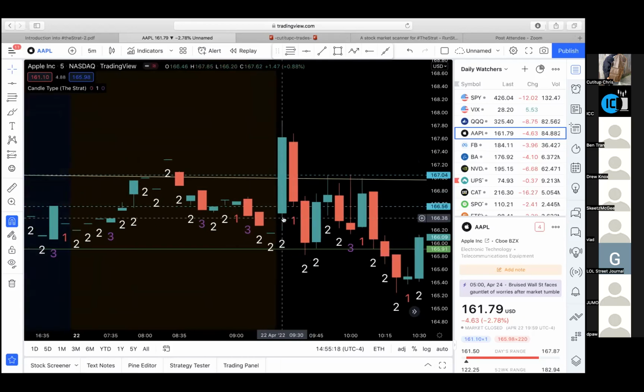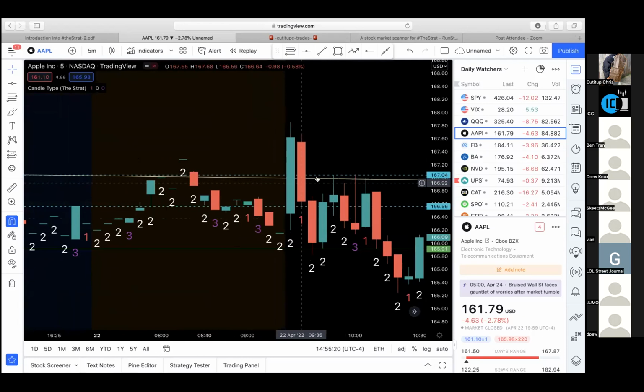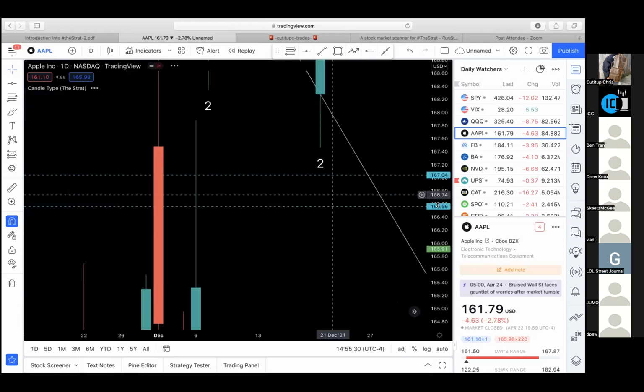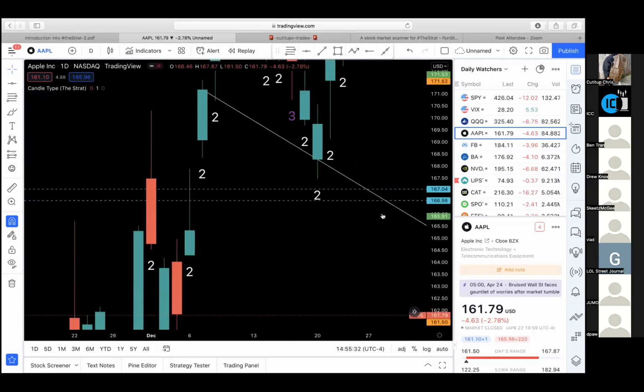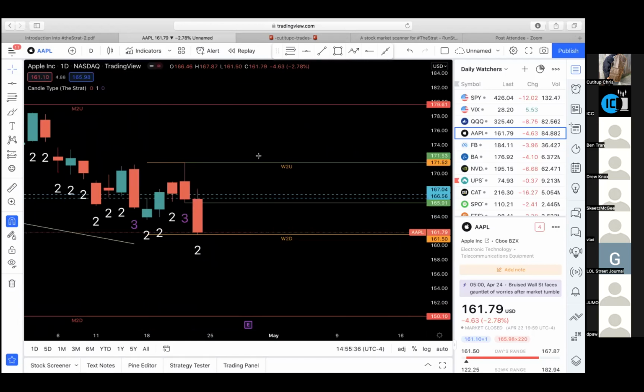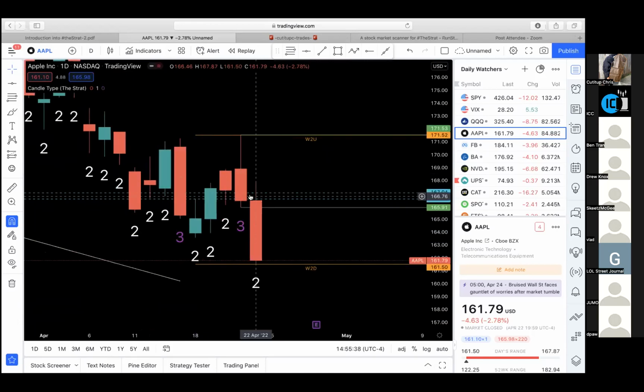The reason I wouldn't have taken this trade, even though it broke pre-market high, is that on the daily, we never triggered a 2 right here.